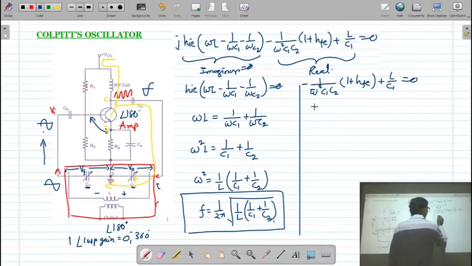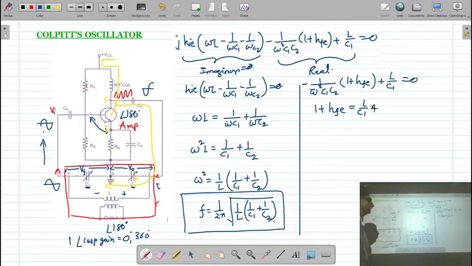So we can say that 1 plus HFE is equal to L by C1 into omega square C1 C2, taking it to the other side, it will be multiplication.